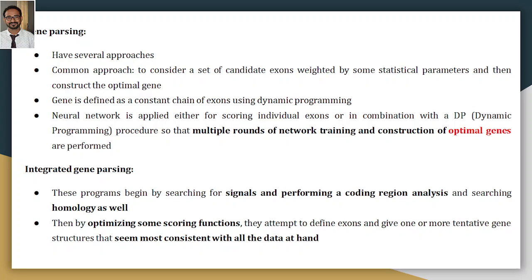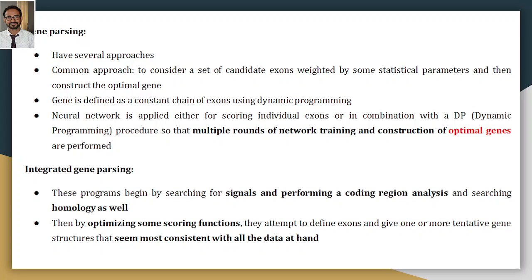Here the statistical parameters can be of any kind. For example, for substitution matrices we had BLOSUM and PAM, you remember. Similarly we have different statistical parameters. Based on that, some parameters will be taken and then the optimal gene constructed, like how we used to construct the tree.